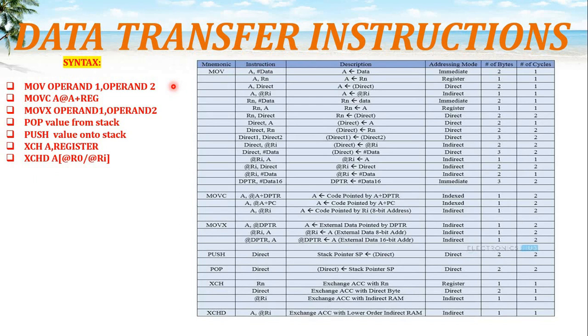So before writing an instruction, we need to follow the procedure in which it needs to be written. That is what the syntax indicates. So by keeping this as a reference, I can write any instruction. That is the syntax and the data transfer instructions we are using in 8051.